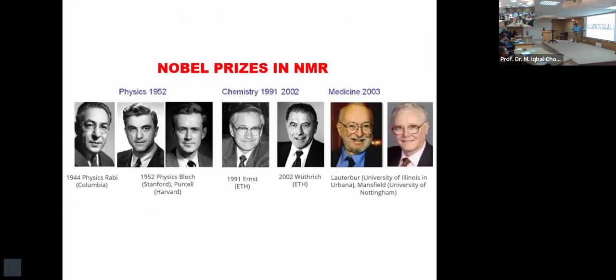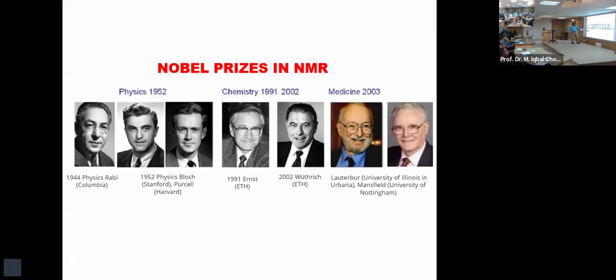Isaac Rabi in Columbia University, who first measured the neutral spin, he said, can be measured. Then Purcell, Stanford and Harvard, there were two people who published together, and they were the ones who first developed the NMR spectrometer, with a permanent magnet, a small one.